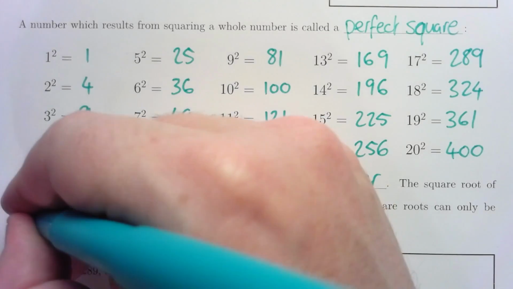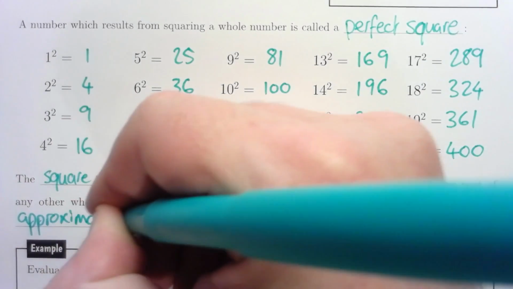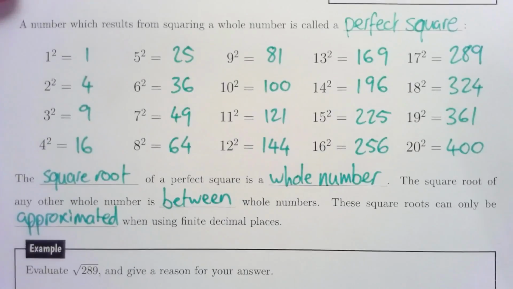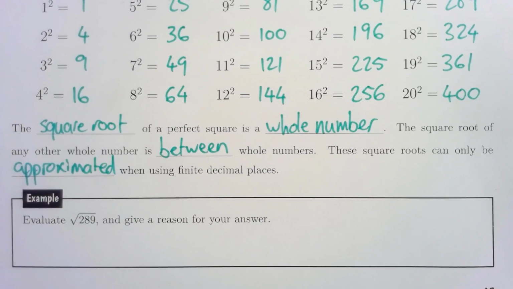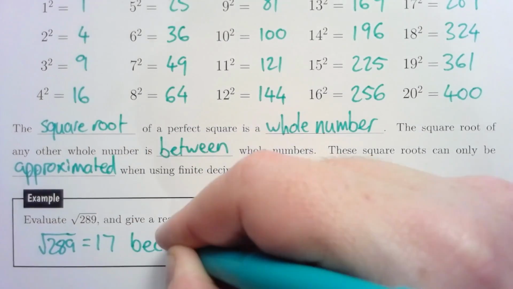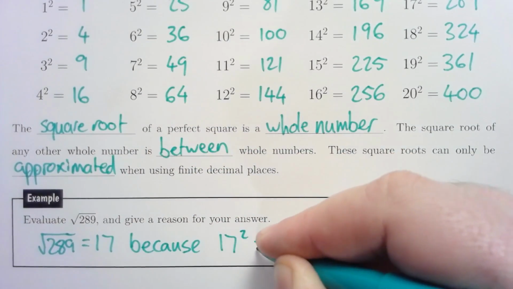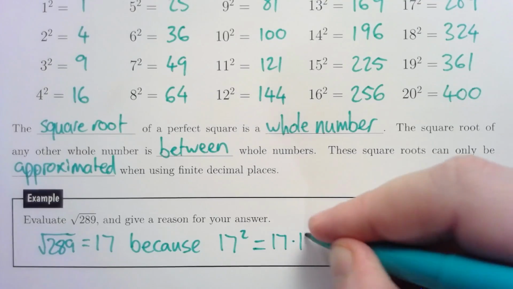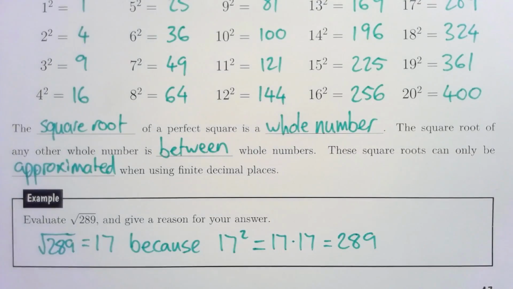In fact, these square roots can only be approximated when using finite decimal places. So as an example, let's find the square root of 289. Well, this is 17, because 17 squared, which is 17 times 17, is equal to 289.